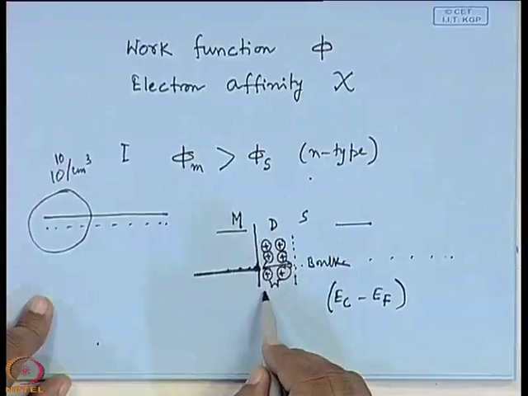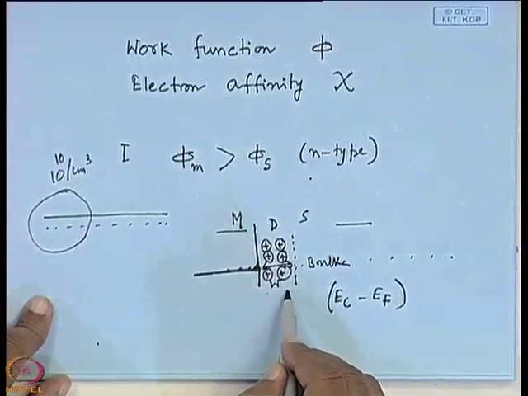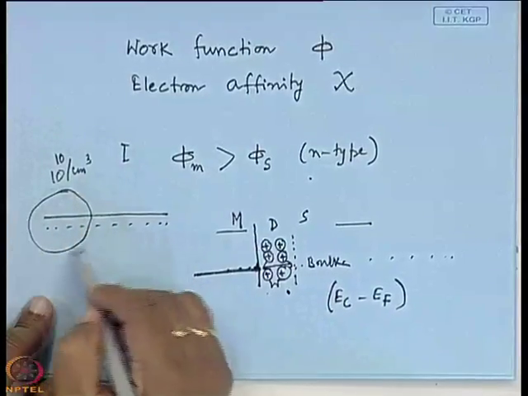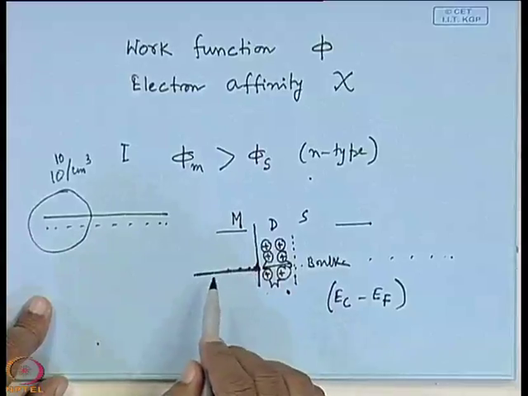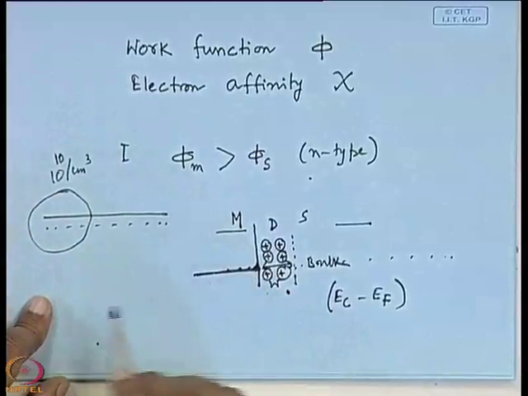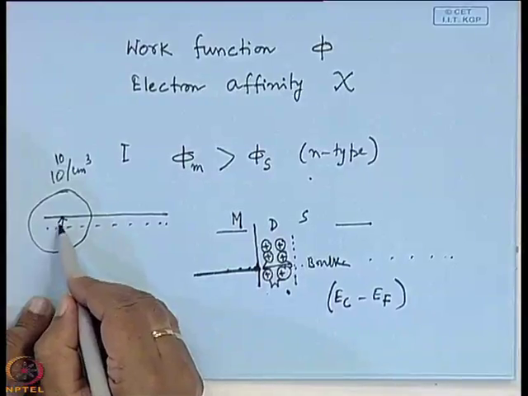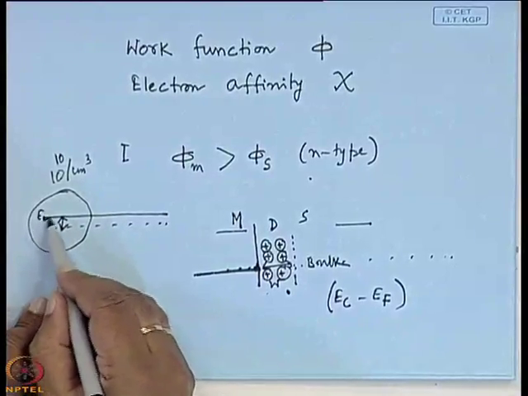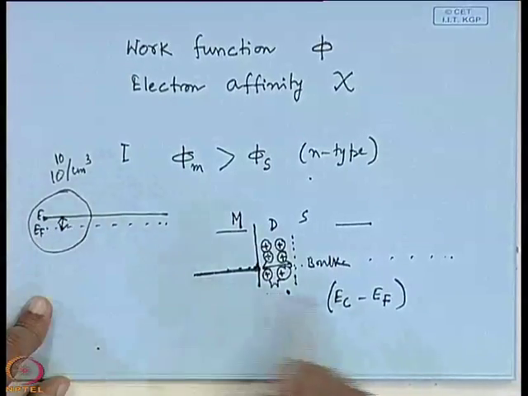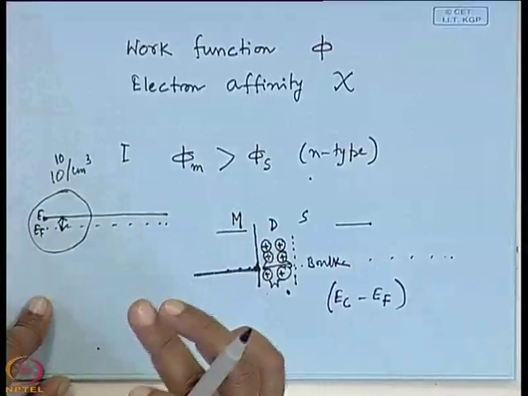So, now if you consider, this depletion region is nothing but this encircled region, where the charge carriers are few compared to the metal side and the bulk semiconductor side. So, that means E c minus E f will be large.